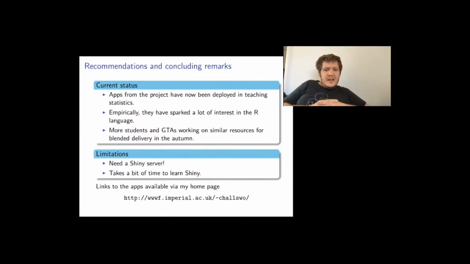Also, the students found that it took a bit of time to learn Shiny, but they overall found it was very worth doing, and because there are plenty of examples to work with, they were able to get up to speed and make things that were usable quite quickly.